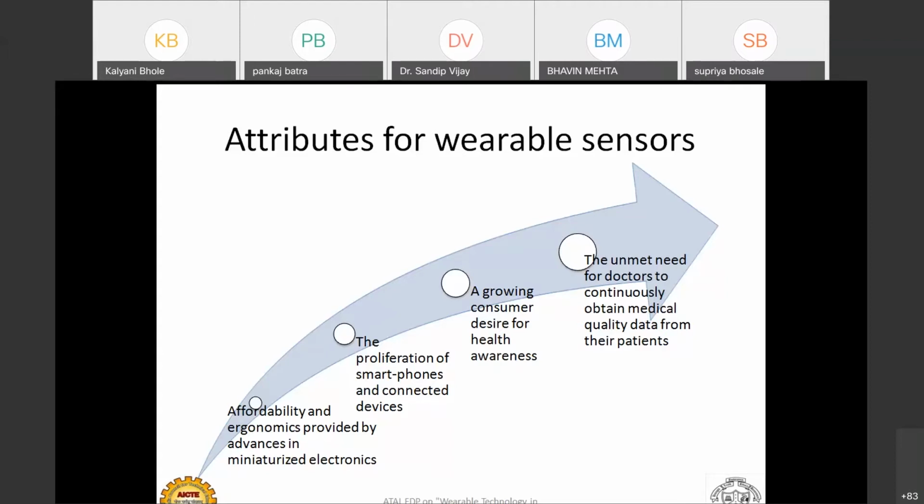So, in this way, doctors or medical experts are looking into what information is available from the signal or data we are getting through wearables. These are the attributes because of which wearable sensors and sensing technology have grown significantly.